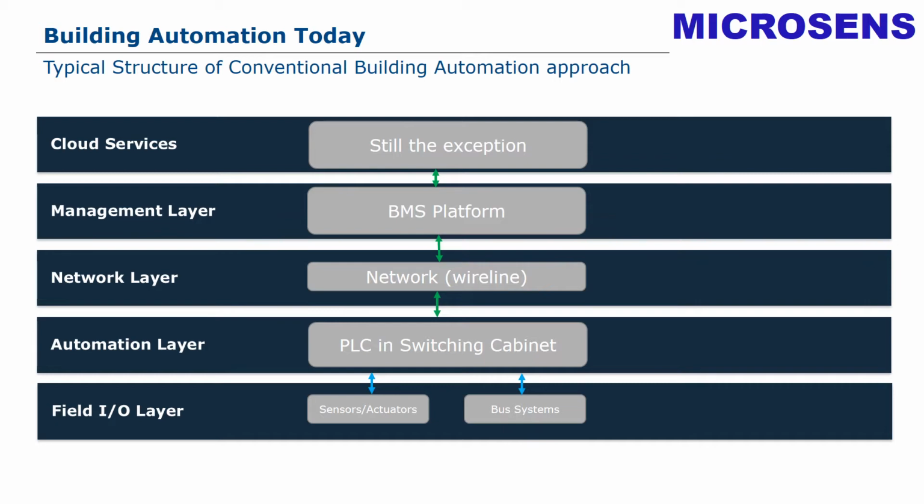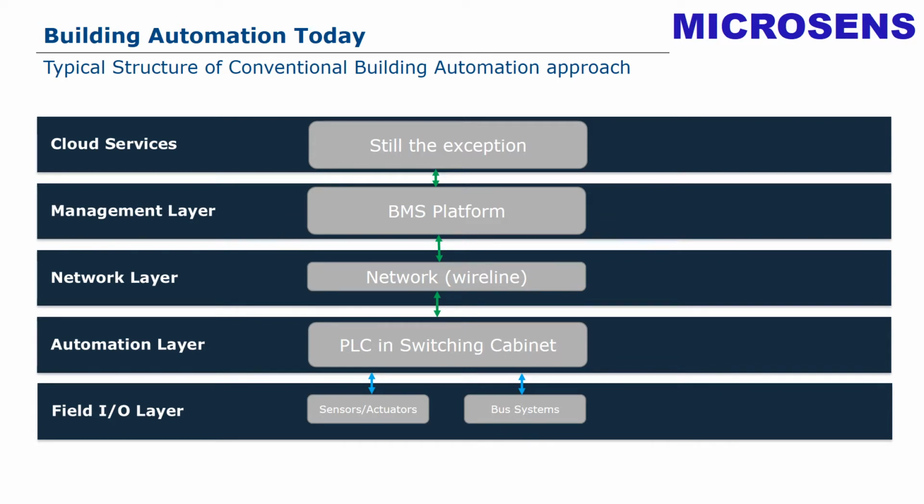All the sensors and actuators are connected by wire or by bus system directly to the automation layer, where the PLCs or the DDC controllers mentioned before are located, mostly mounted in cabinets. This layer is connected over the network with the management layer.